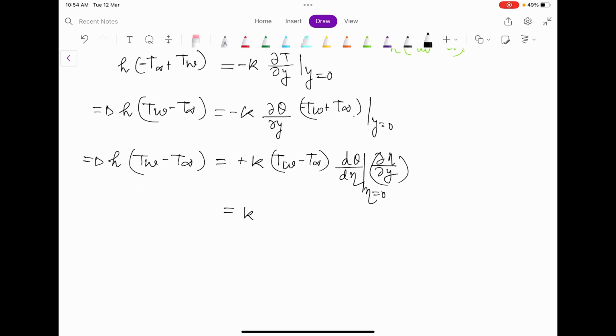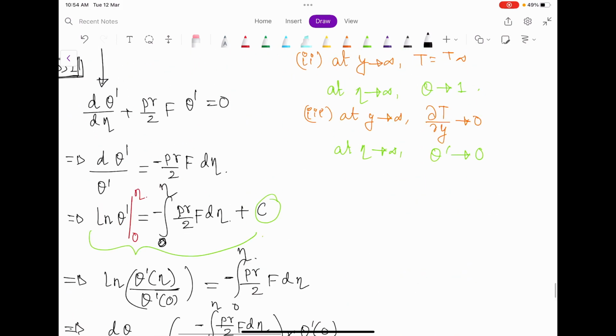So this is cancelling out, and this becomes h equal to this at eta equal to 0, and del eta del y is nothing but 1 by delta, right? And so let me see.